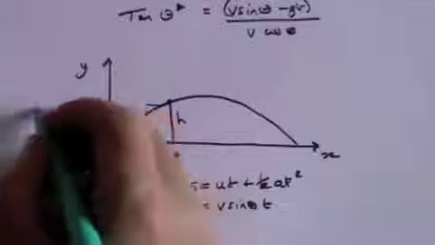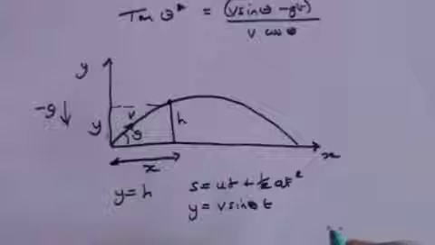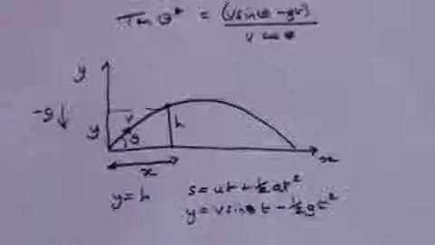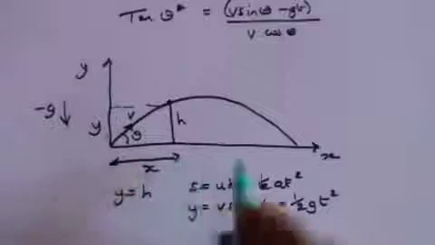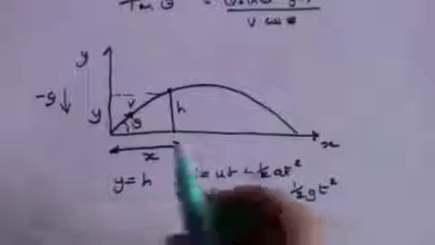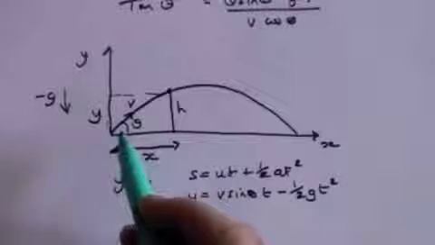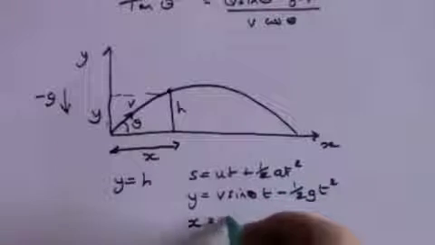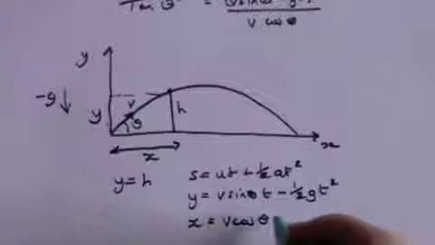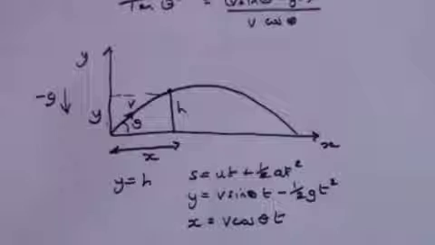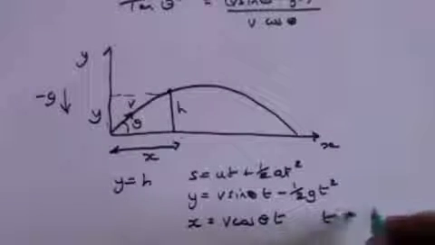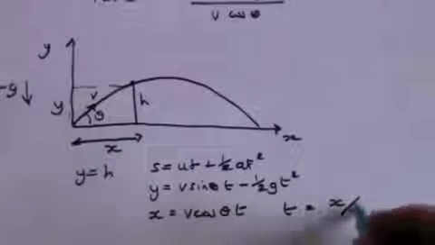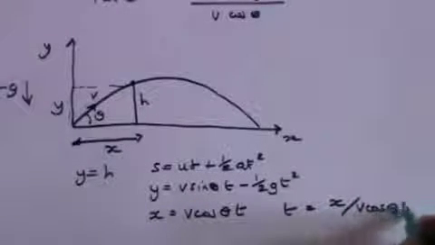Well, a, as we know, is g, but it's in the downwards direction, so that will be minus a half gt squared. The value for x, however, as we've said, is much simpler. X, because no gravity applies, is simply the velocity times the time. The component of the velocity is v cosine theta times time. And that means that time is equal to x divided by v cosine theta.